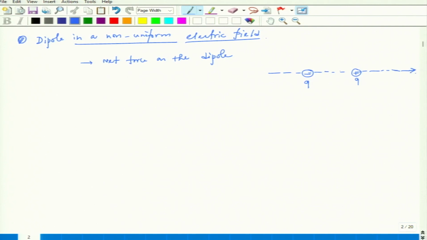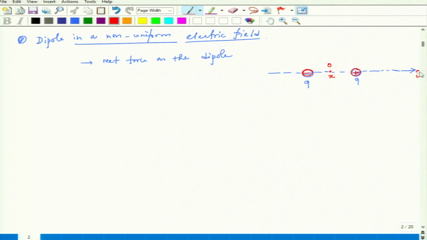This one is the negative charge, this one is the positive charge, and this is the center O at any point x, with i cap the unit vector along the x axis.